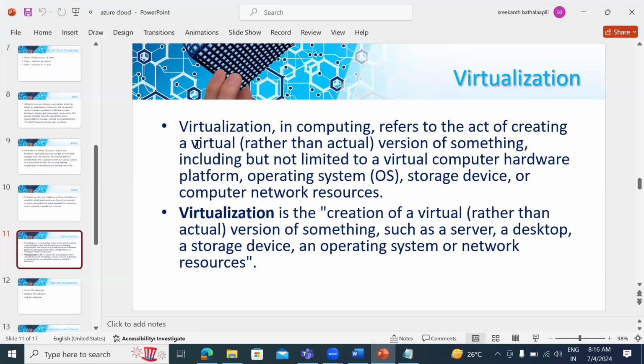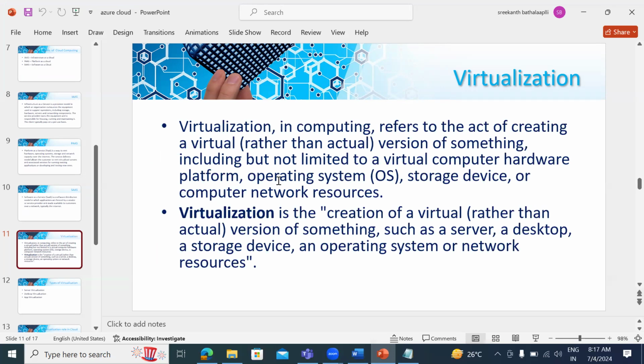Then there is virtualization: without needing additional physical resources, one physical resource can provide multiple virtual resources. That opens the solution for the cloud also.